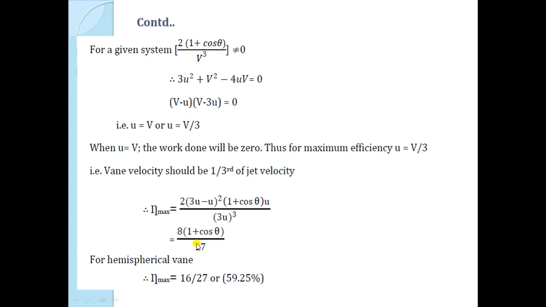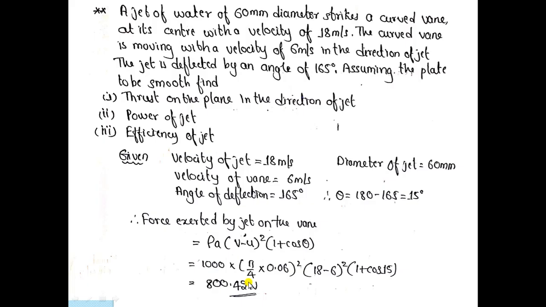For a hemispherical vane, theta is 0, so cos theta is 1. If we substitute that value, we will get eta max as 16 by 27, which is 59.25%.